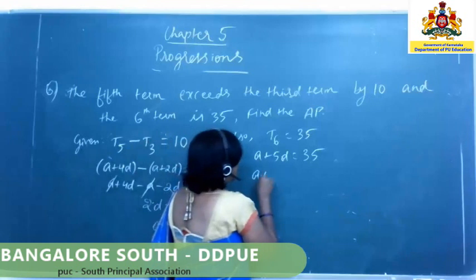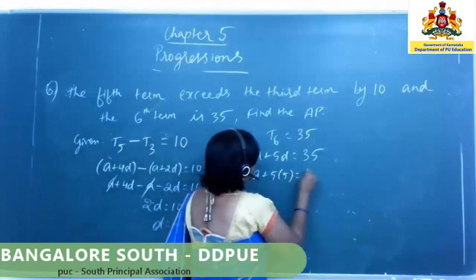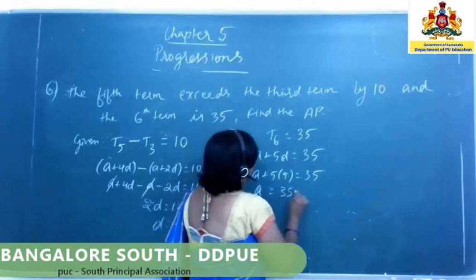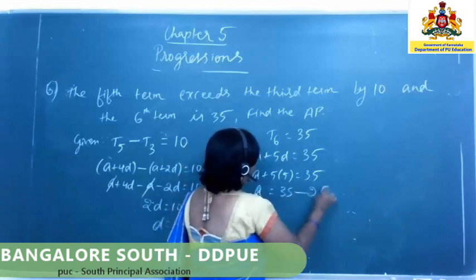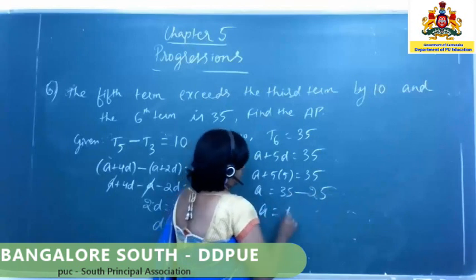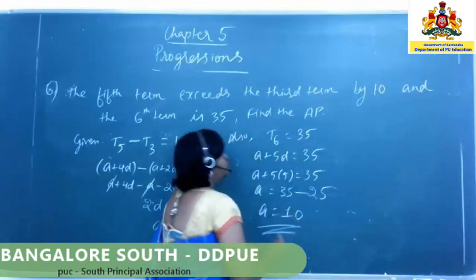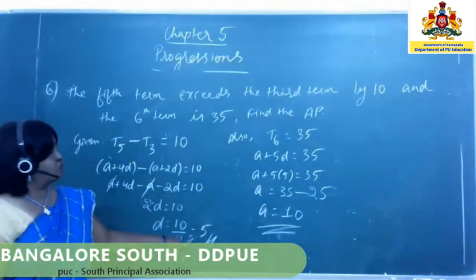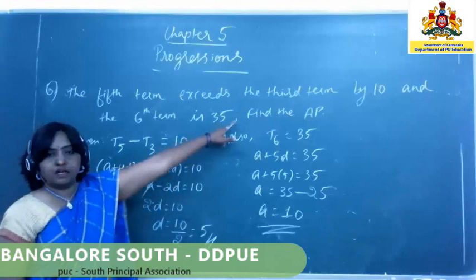So A plus 5 into 5 is equal to 35. So A is equal to 35 minus 5 into 5, that is 25. A is equal to 35 minus 25, that is equal to 10. A is equal to 10, D is equal to 5. So you can easily find AP now.